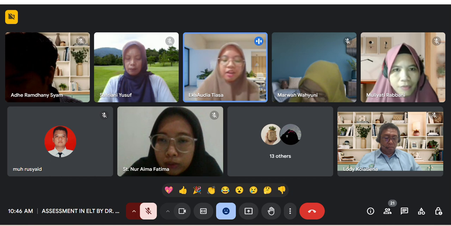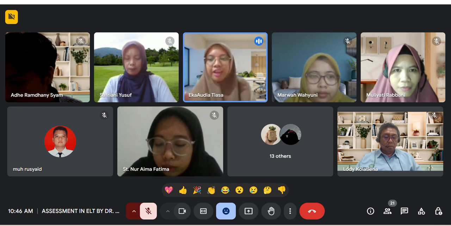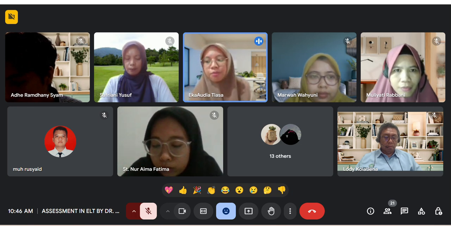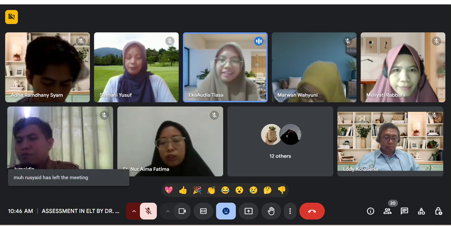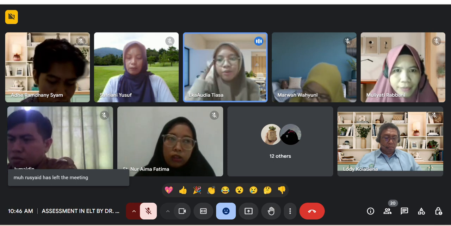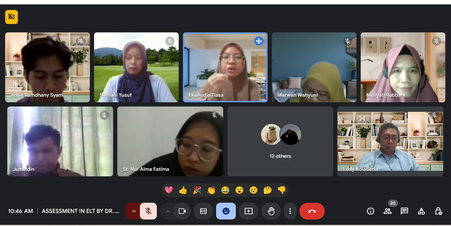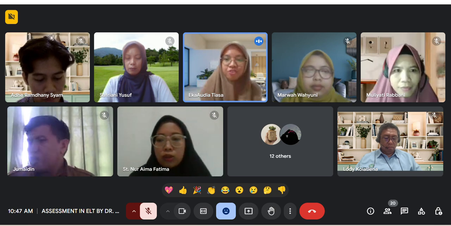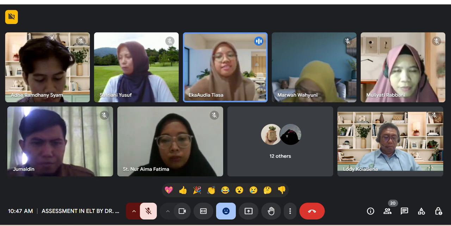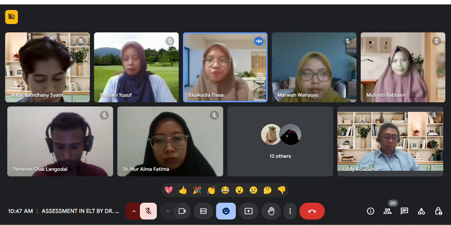Then we add the verb two and complete it with the adverb of time. So automatically they're not memorizing the form of the simple past tense, but they learn one by one the items of the simple past: start from the subject, then change the verb to verb two, and then complete it with the adverb of time.